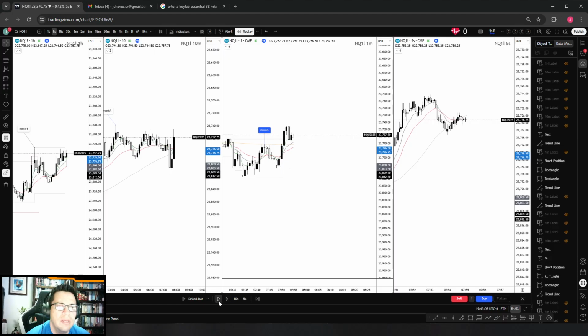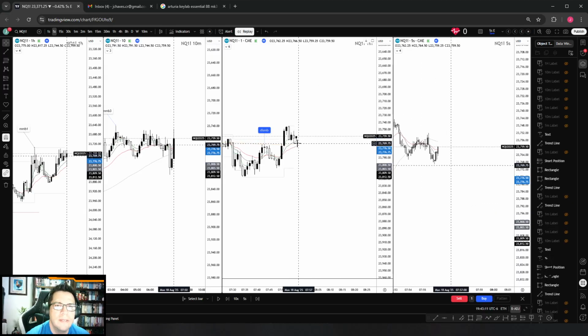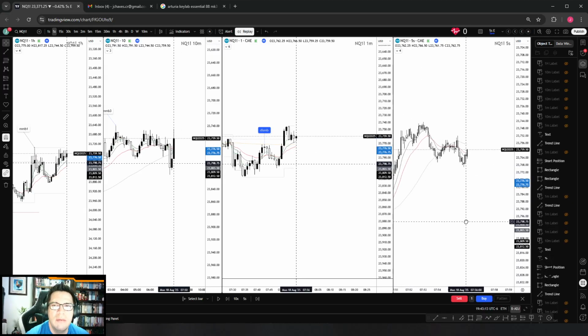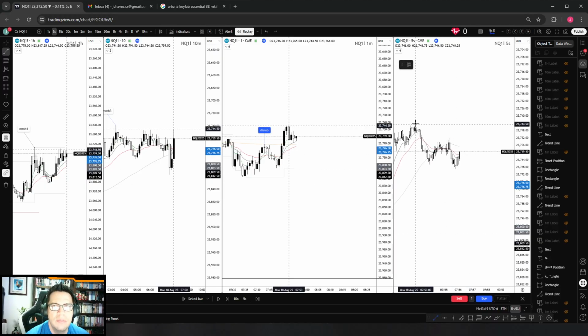So we are not getting that at this point. Now we're getting back to the 10 EMA. So let's draw a containment line at this point here.